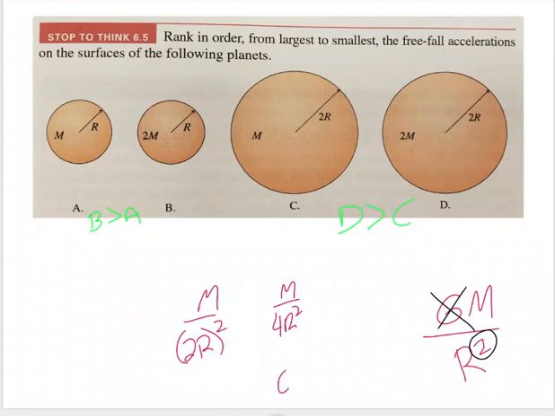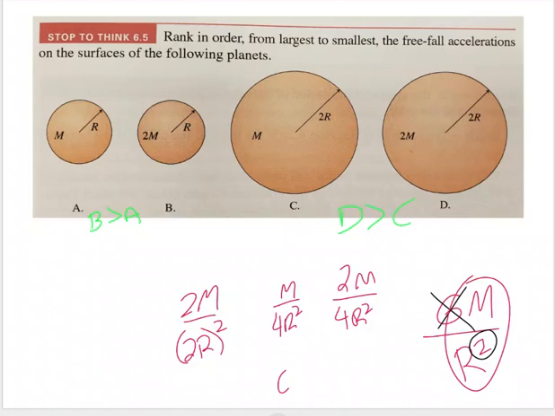What happens in the case of D, where I had 2 times the mass and 2 times the radius? We now have 2 times the mass over 4r squared in the end. And that would reduce to just 1/2. So we have 1/2 of the original gravitational pull, which is actually less than A. In A, we have this situation right here, which is 1 original gravitational pull.